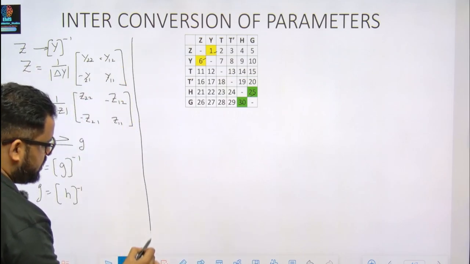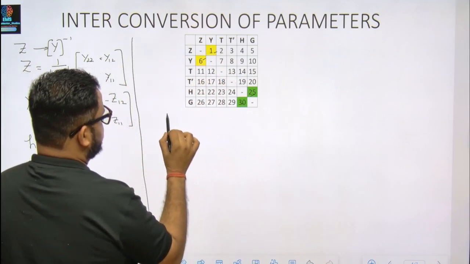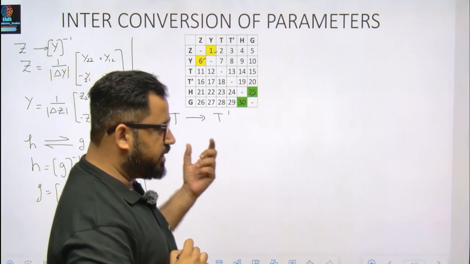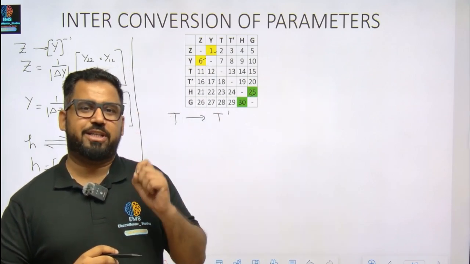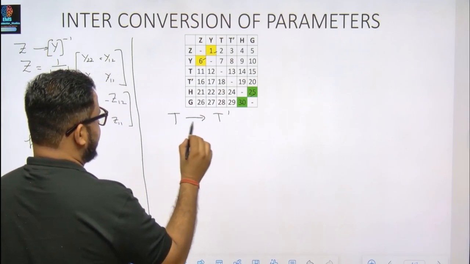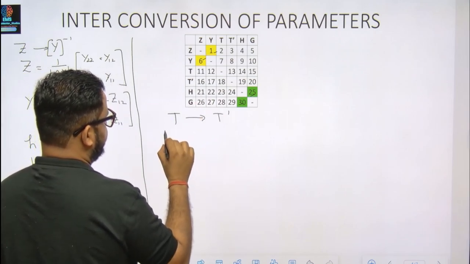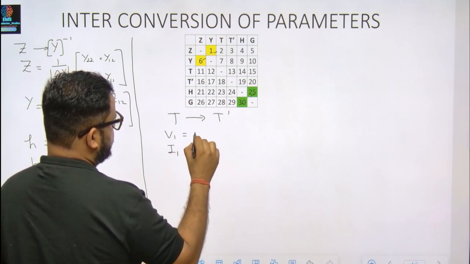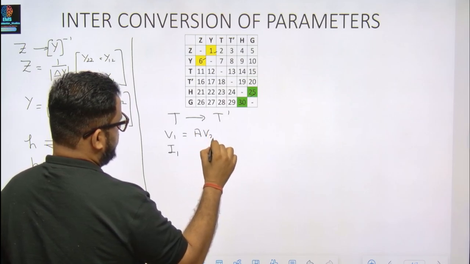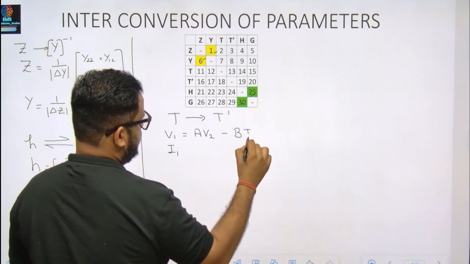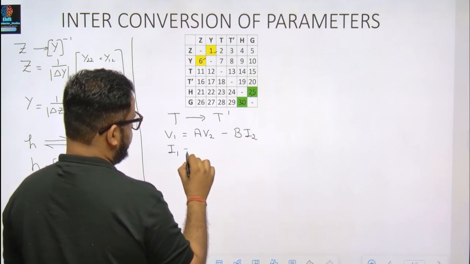Now there is a catch when we are converting T to T dash. At times in the exam they ask to convert T to T dash. So how to do it? Let's write the equation for T. V1 and I1: V1 is equal to A V2 minus B I2.